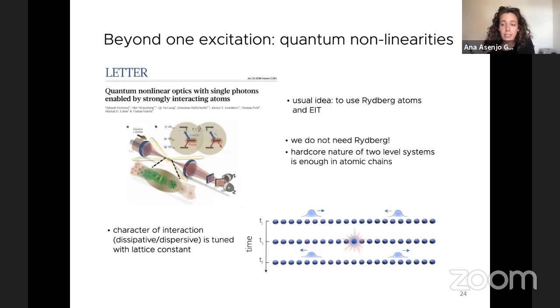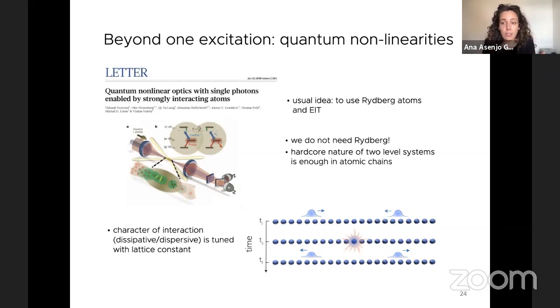It makes transparency in the optical medium, in an optically dense medium. And then using Rydberg atoms, one can make these propagating photons interact. In atomic arrays something similar can be done, but we do not need Rydberg atoms because atoms already have this hardcore nature where you cannot put 2 excitations on top of each other.